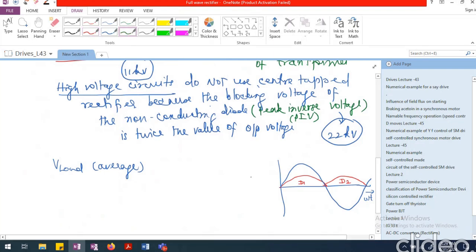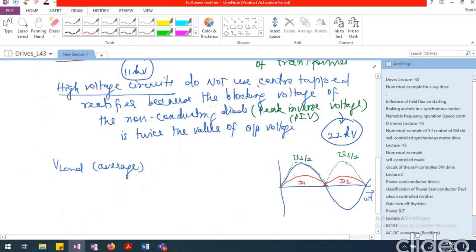And as far as the load voltage is concerned, I will have the load voltage exactly similar to the positive half cycle voltage during the positive half cycle. And during the negative half cycle, it is going to be just the inverse of this. So this is again Vs divided by 2. This will also be Vs divided by 2.